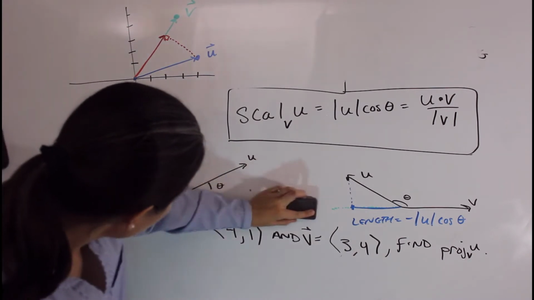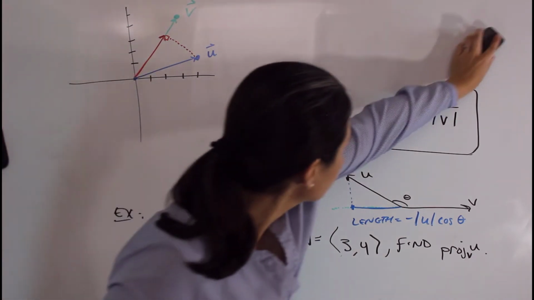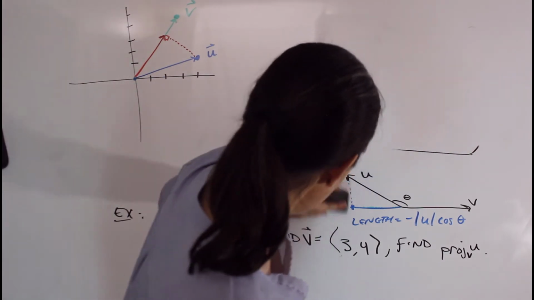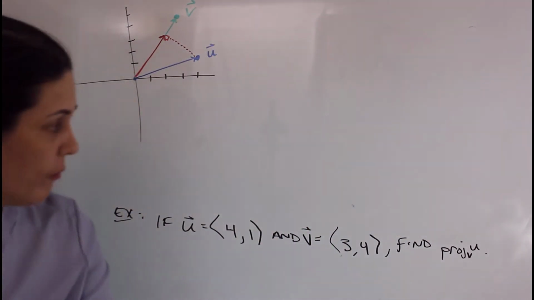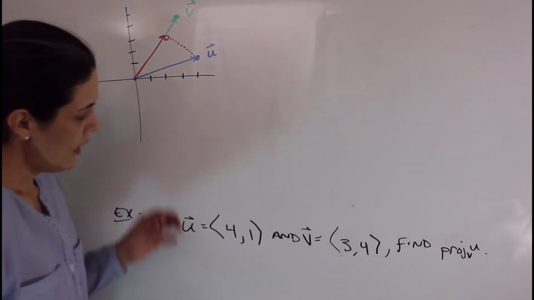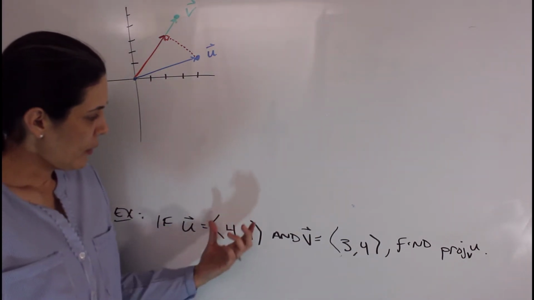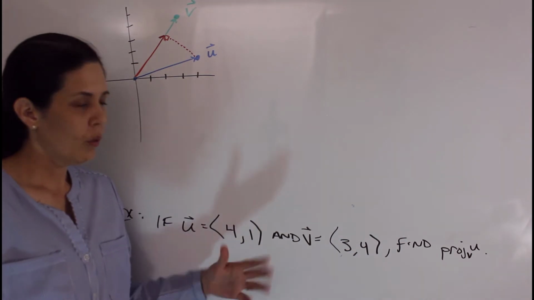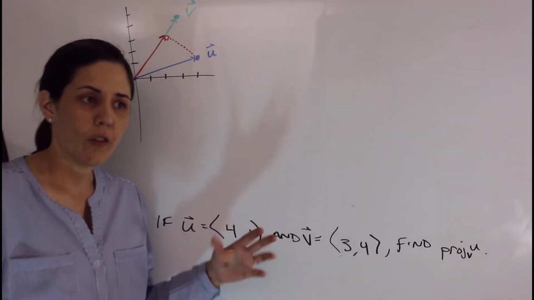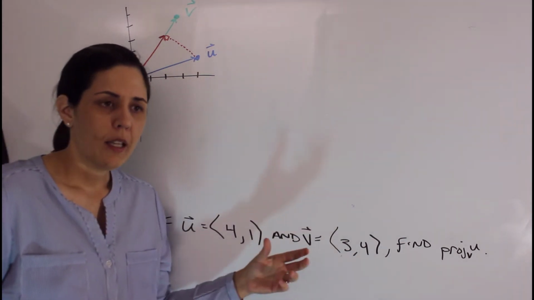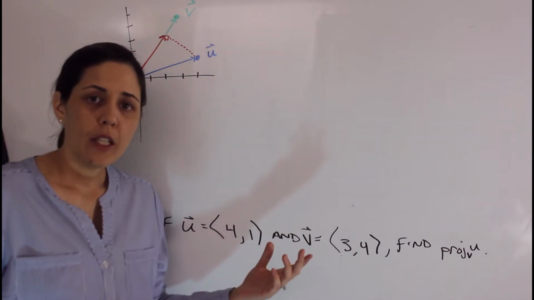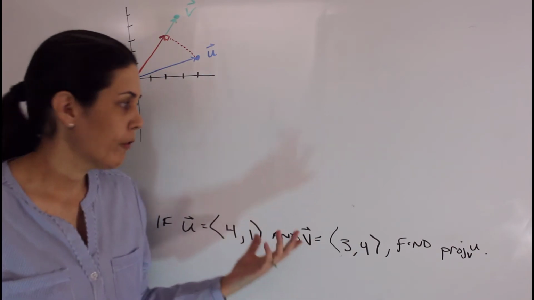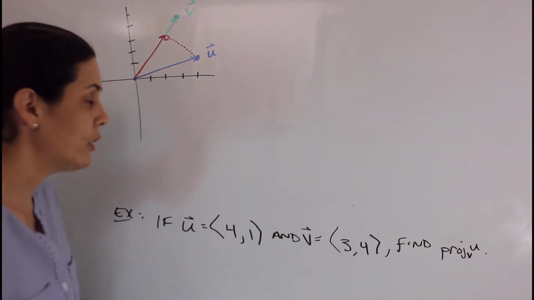Alright, let's get rid of this and our scalar component there, and that one too. We have 4 different versions of our formula. We only have the components of the 2 vectors, so it wouldn't be very useful to use the version of our formula that used the angle. I can do some work and find the angle, but there are other versions of this formula that I can use faster.